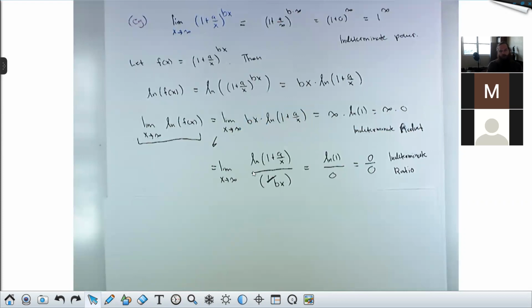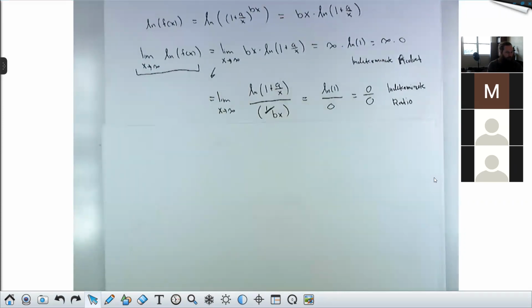But that's harder to differentiate. I know I'm going to have to differentiate the top and the bottom. My goal is to get to an indeterminate ratio and use L'Hopital's rule. So I take the simplest piece and shove that downstairs as its reciprocal. Then when I take limits, I notice that the top is going to 0, the bottom is going to 0. Yay, it's an indeterminate ratio. That means I can use L'Hopital's rule.